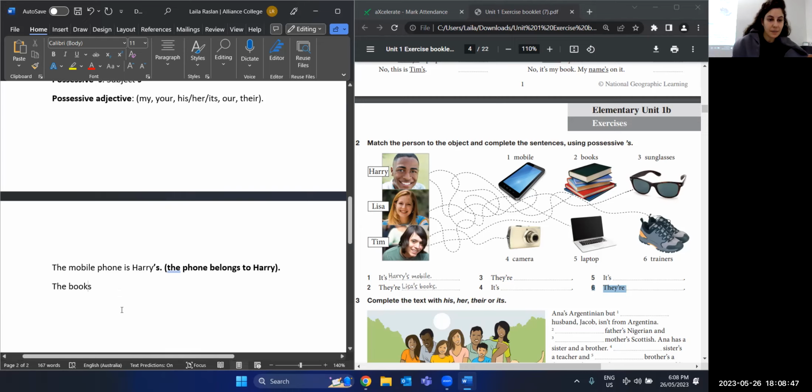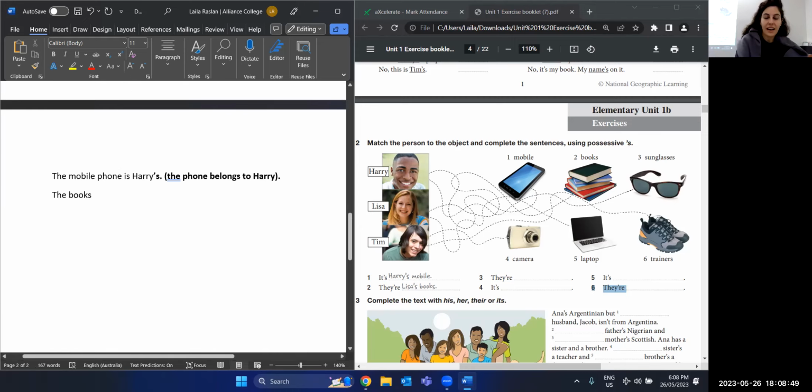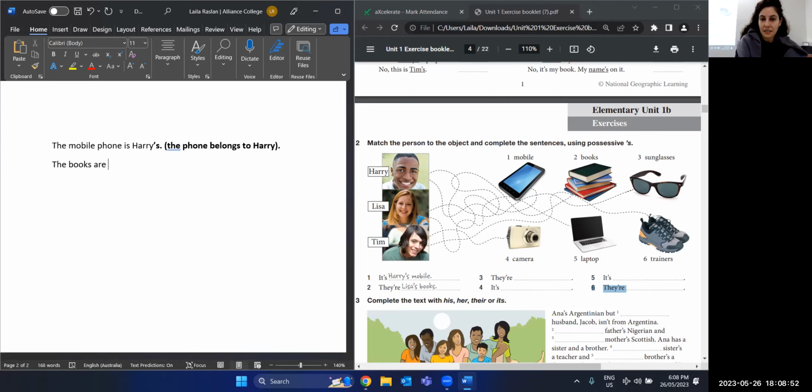The books are Lisa's. She owns them. So it's the same as saying Lisa owns the books. They belong to her. That's what that S is showing us.